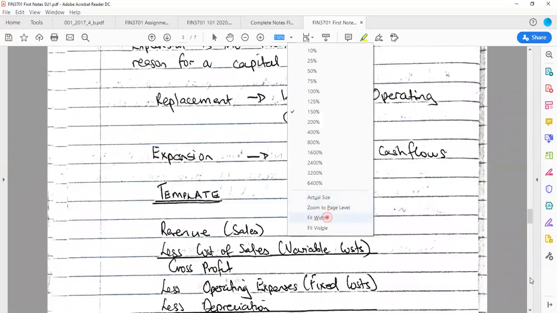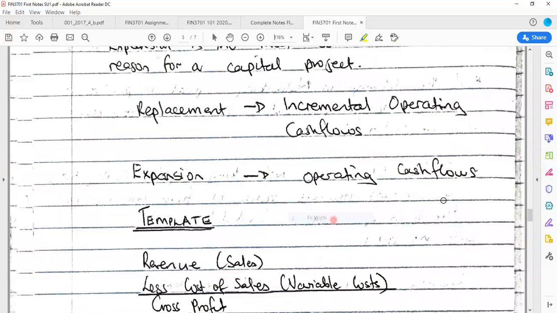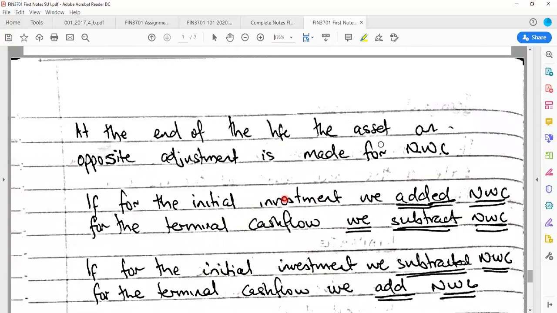When we are working with the terminal cash flow, we make an opposite adjustment to what we did in the initial investment, right? So at the end of the life of an asset, meaning when we're calculating the terminal cash flow, an opposite adjustment is made for the net working capital.